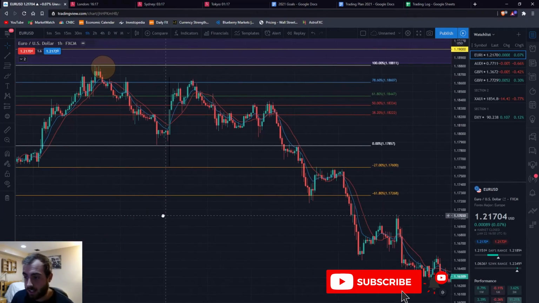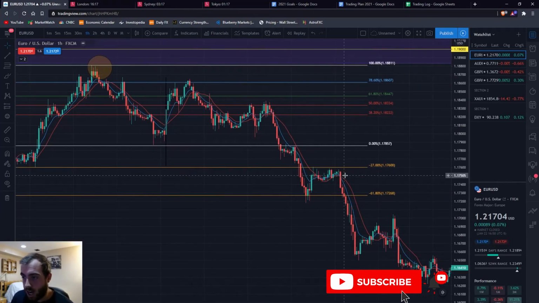So that's clearly a key level. So personally, I probably would have placed my stop loss at this 1.17500 mark, because there's a good chance that it was going to consolidate at this key level and not extend to this negative 61.8.